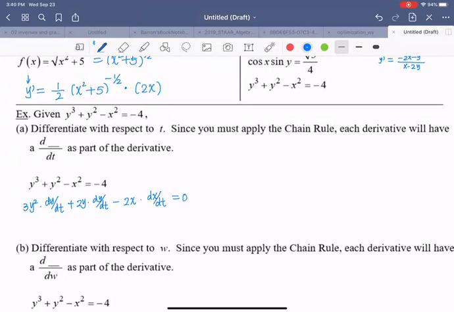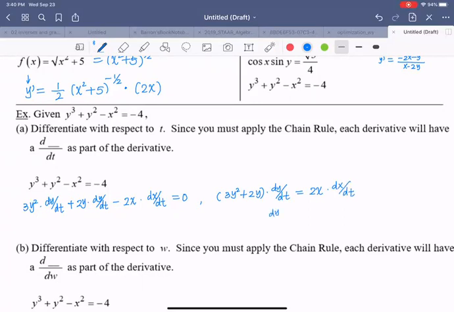Now, for dy over dt, we can put 3y squared plus 2y times dy over dt equals 2x times dx over dt, correct? Yes.